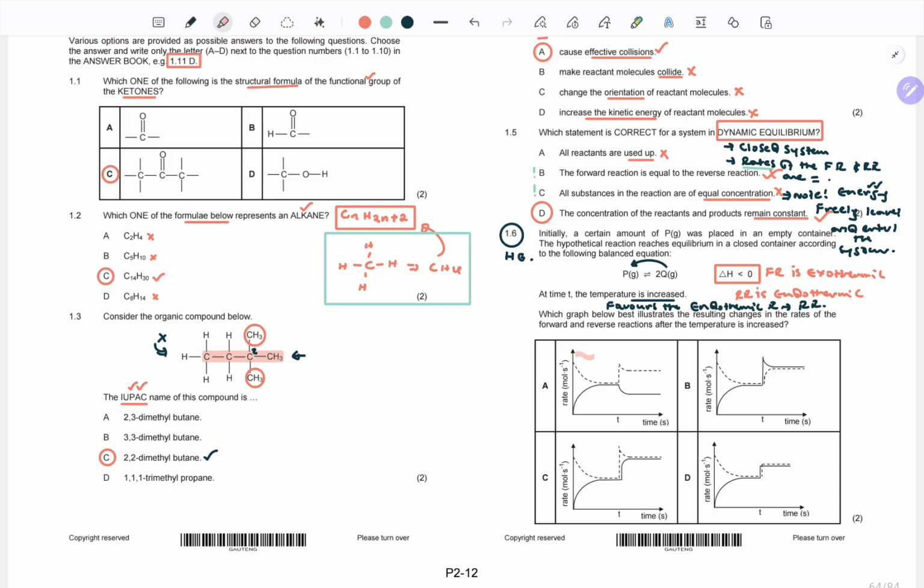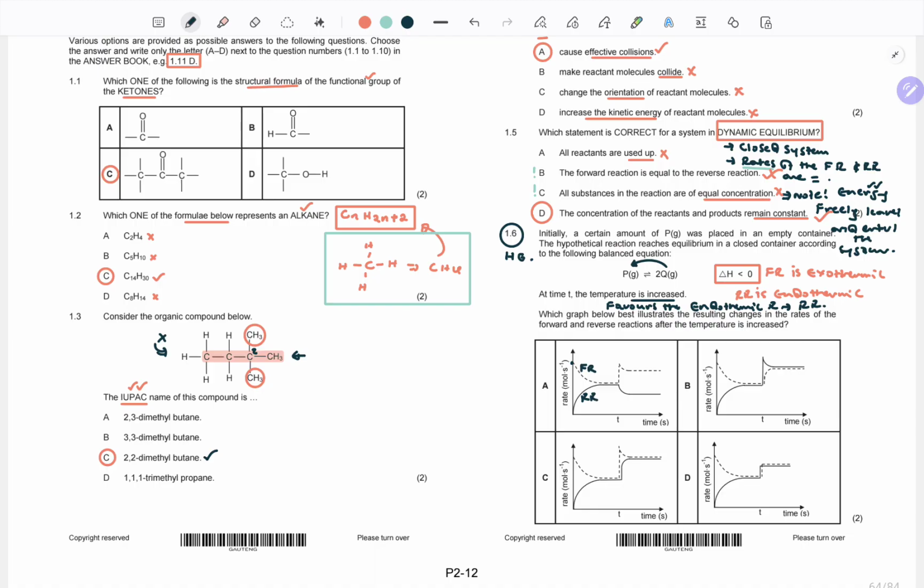Well, we can see that this is the forward reaction, but now how do you know this is the forward reaction? How do you know? Because it starts off at a higher rate and then decreases to an equilibrium rate, whereas the reverse was not initially present, but it catches up until it reaches the equilibrium rate.